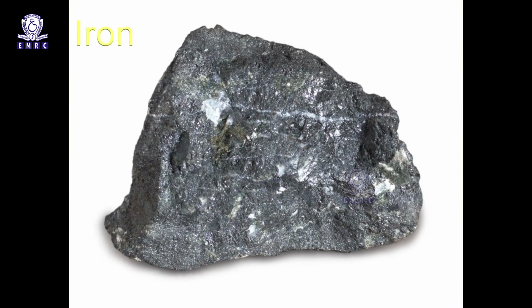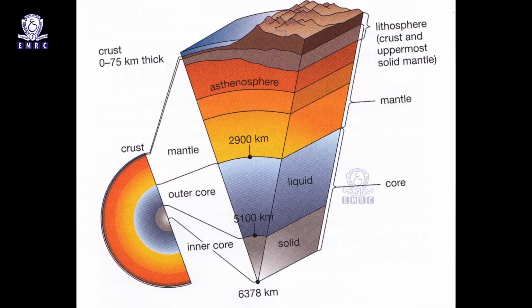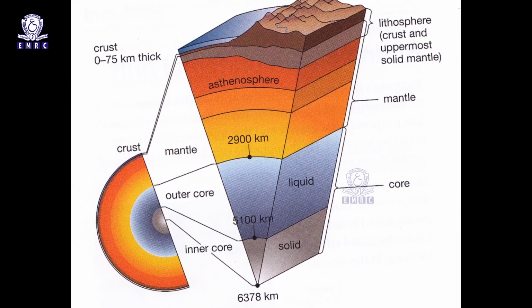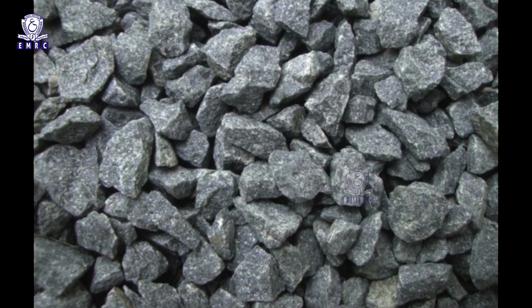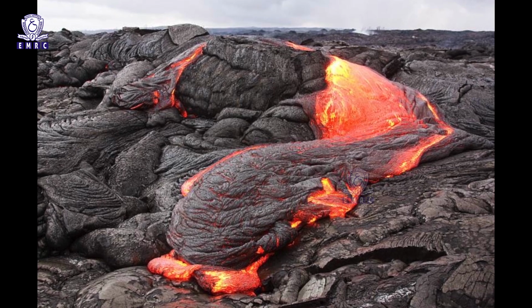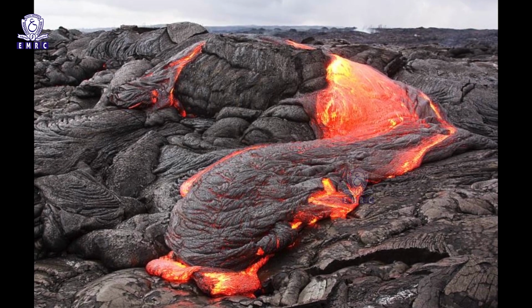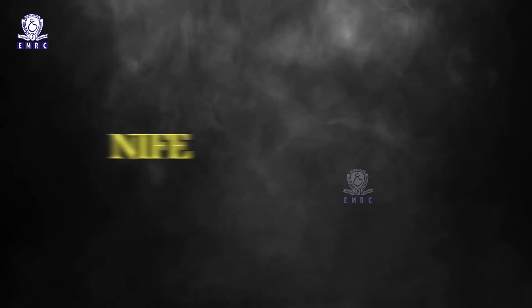The silicates of magnesium, calcium and iron are most abundantly found in this layer. This layer is composed mainly of basaltic rocks formed due to cooling and solidification of magma during volcanic eruption. The thickness of this layer varies between 1000 kilometers to 2000 kilometers.